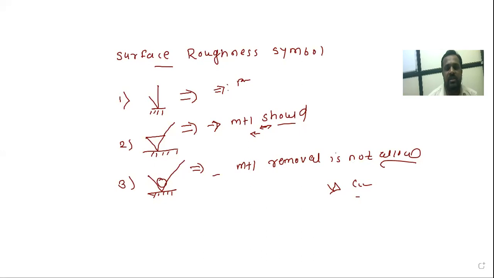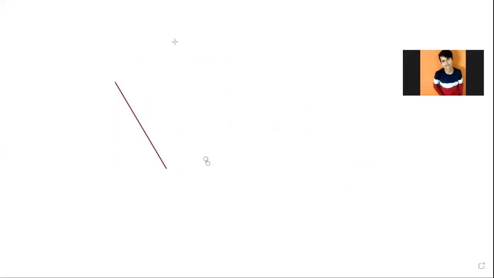Then we have seen the main symbol of the surface roughness. That symbol I will also draw here. Like this.